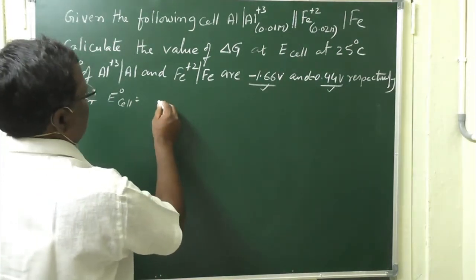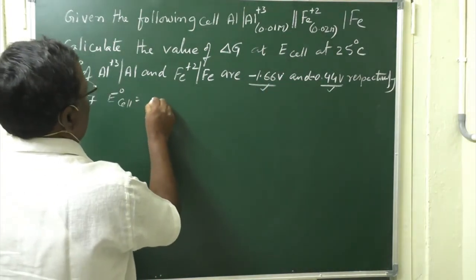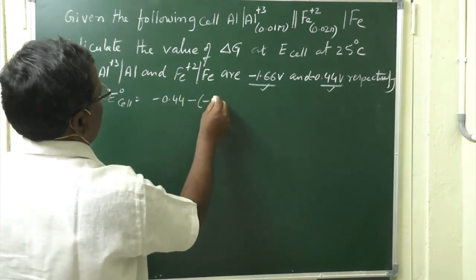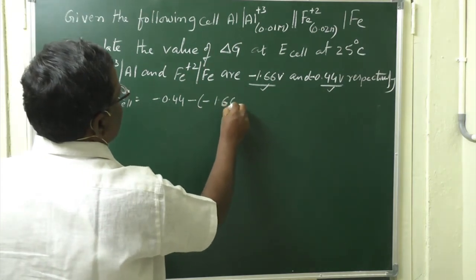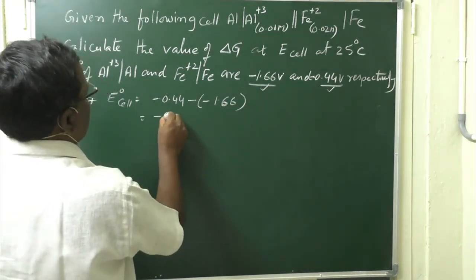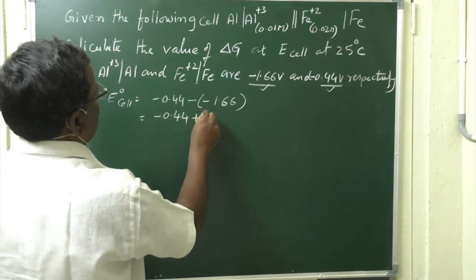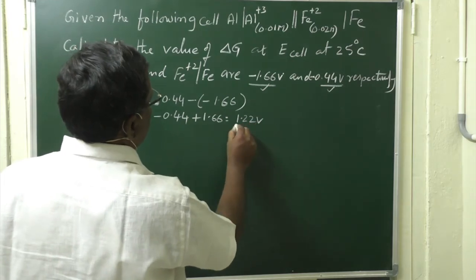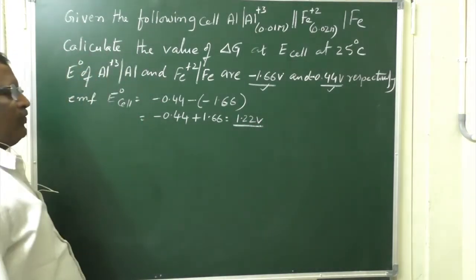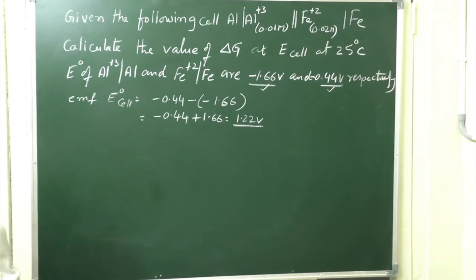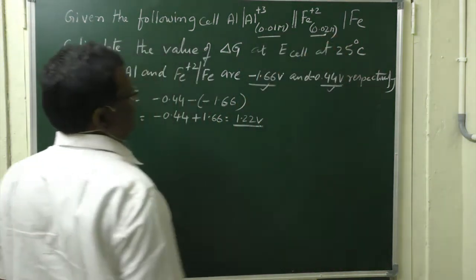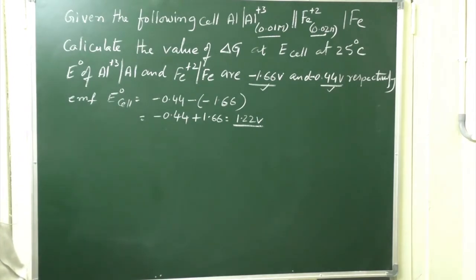Therefore, EMF of cell is cathode half cell minus anode half cell, minus 0.44 minus of minus 1.66. So it will be minus 0.44 plus 1.66. Now it will be 1.22 volts. This is EMF of the cell at standard condition. Now they are asking E cell at these concentrations. For that we require Nernst equation.